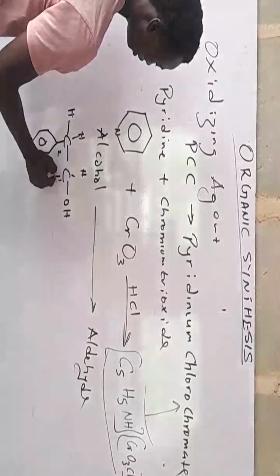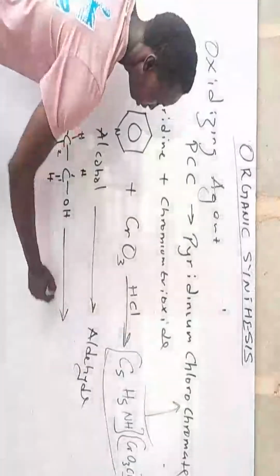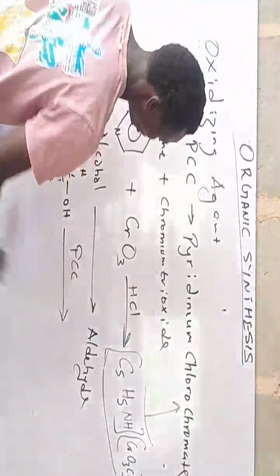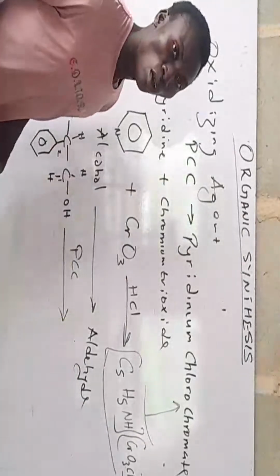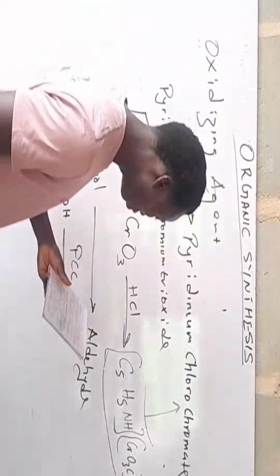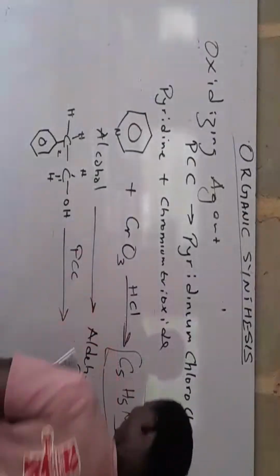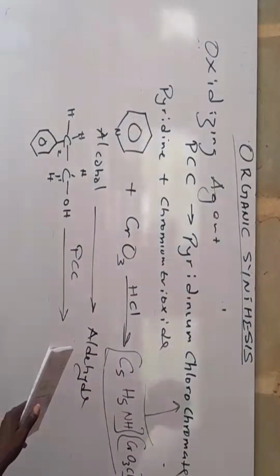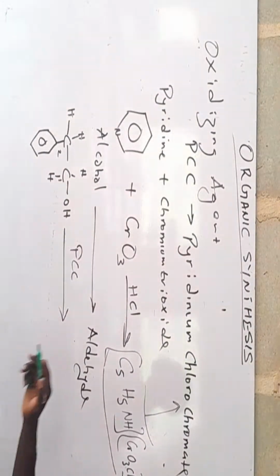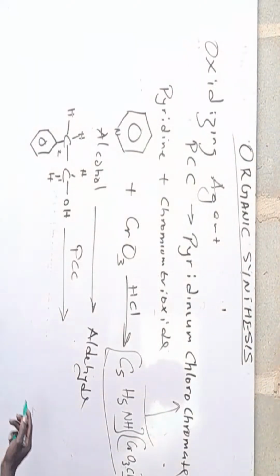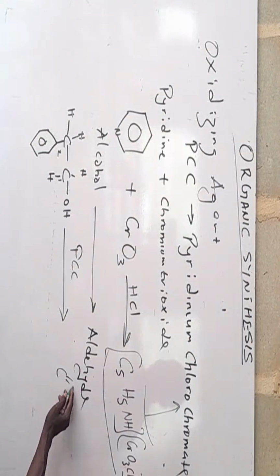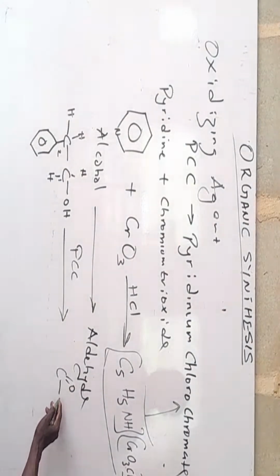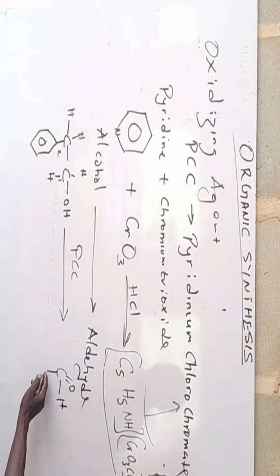Now, this 2-phenylethanol that you have in this place, when you make use of PCC as a good oxidizing agent there, what will it produce? It will produce what we call phenylacetaldehyde. So this is the possible structure of phenylacetaldehyde there.